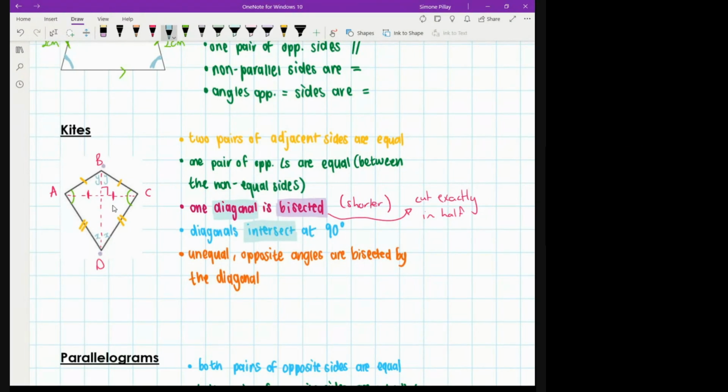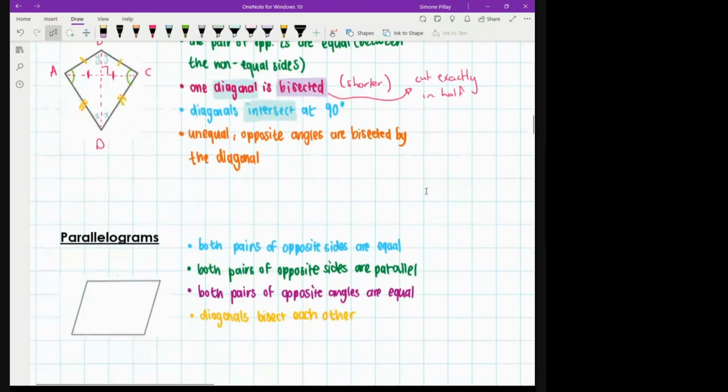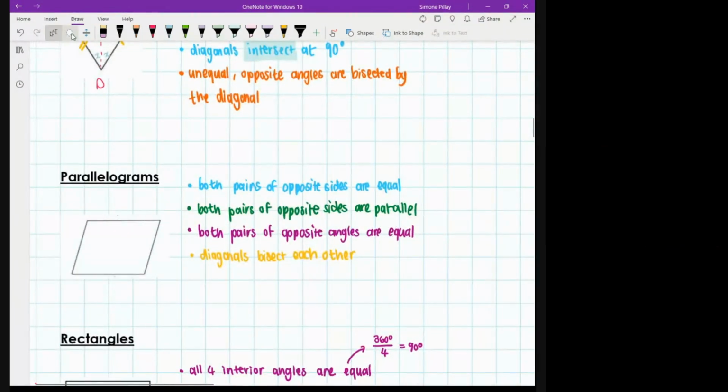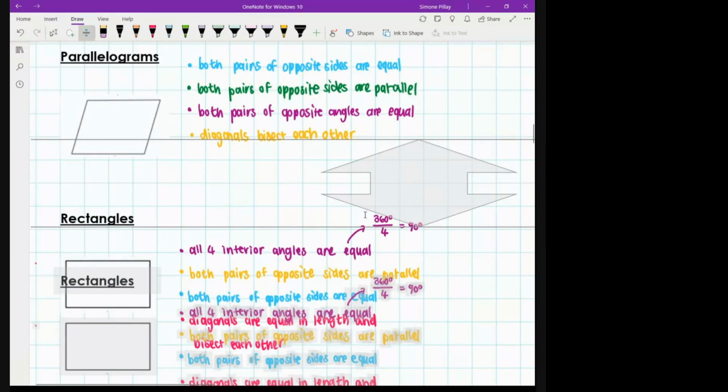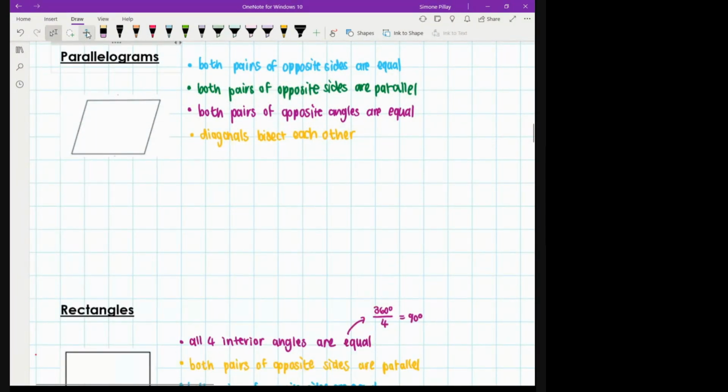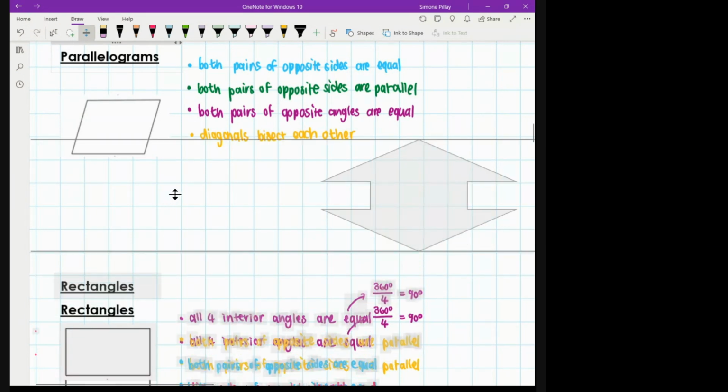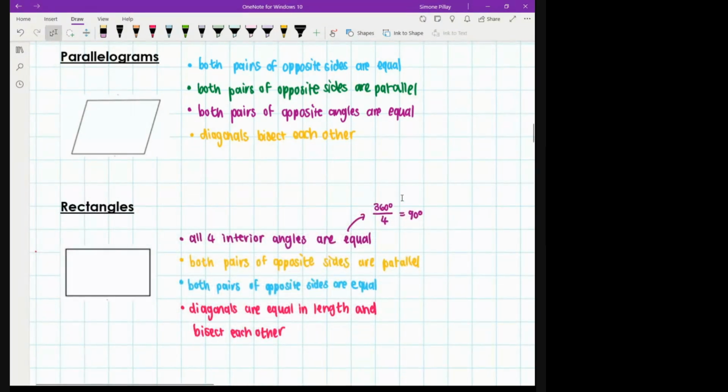Okay, I'm not seeing questions, so I am going to move on. We are then going to move on to a parallelogram. Now, this is such an important shape. And actually, let me have the rectangle up here while we're dealing with this.